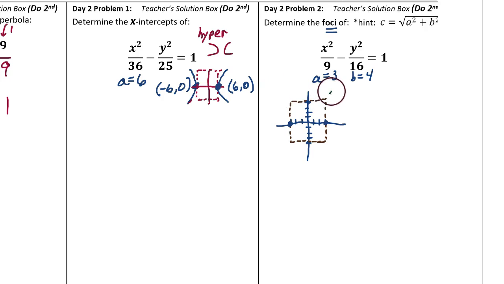Next, you would draw the diagonals of the box. Then you would fit in the hyperbola branches, as shown in red ink.